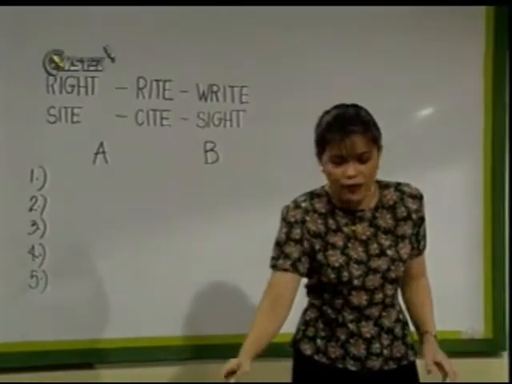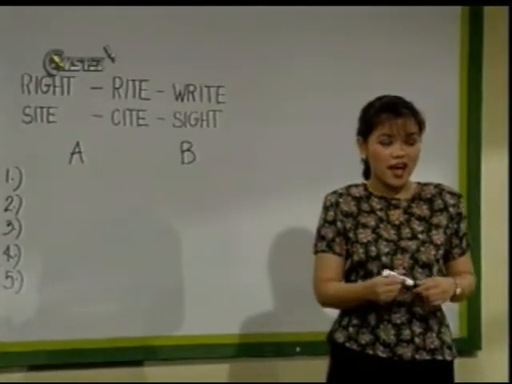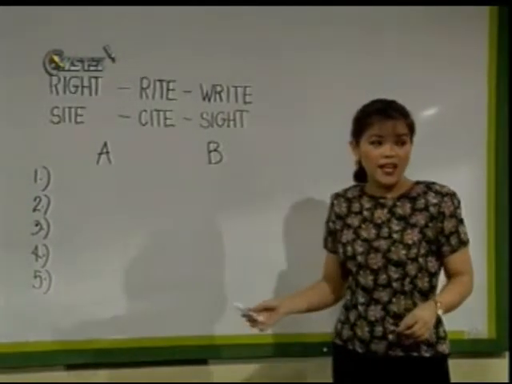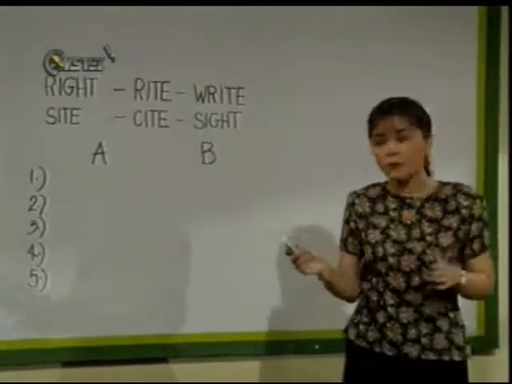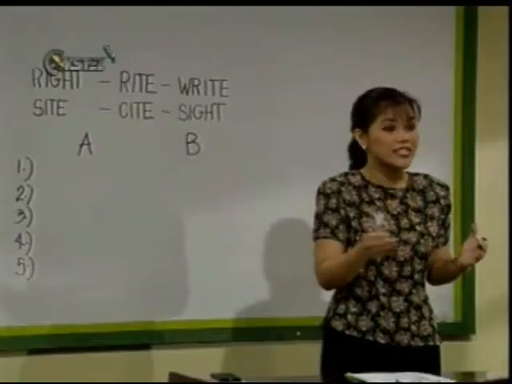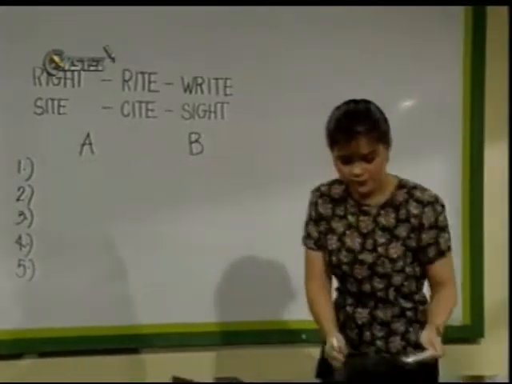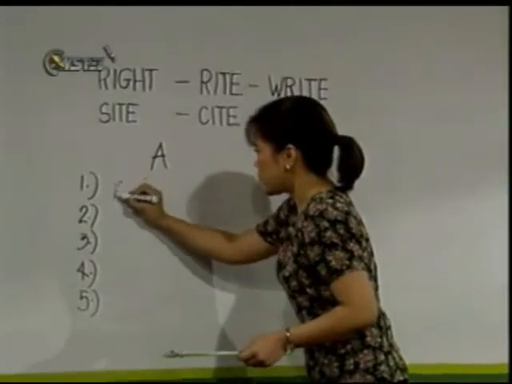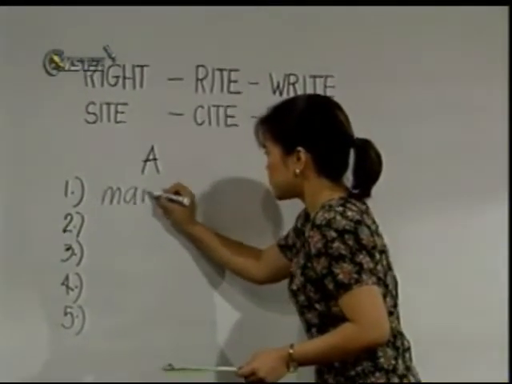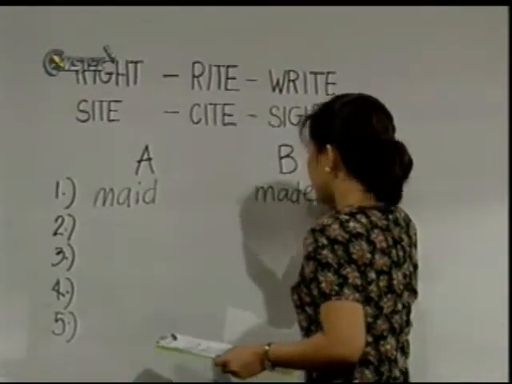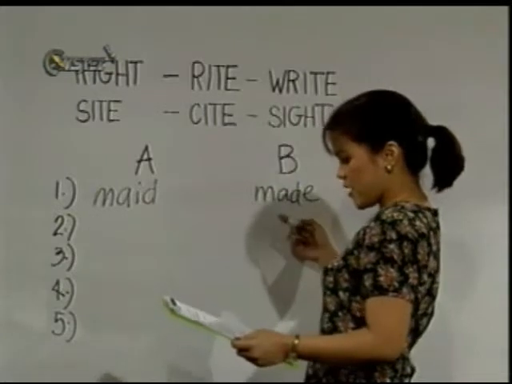Now what we'll do now is to use homonyms in sentences. I'm going to write down several homonyms, 5 homonyms to be exact, and then you are going to determine whether it is A or B. Okay, I'm going to give you sentences, and then you will write down whether your answer is A or B. The first homonym is made.